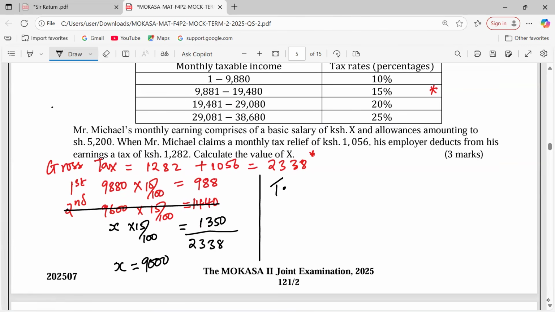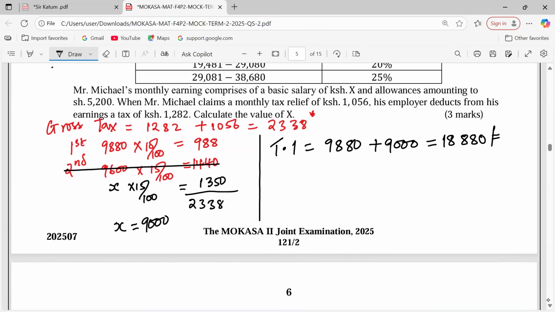So the total taxable income shall be, from the first bracket, 9880, and in the second bracket, 9K exactly. This shall be 18,880. So that is the taxable income.